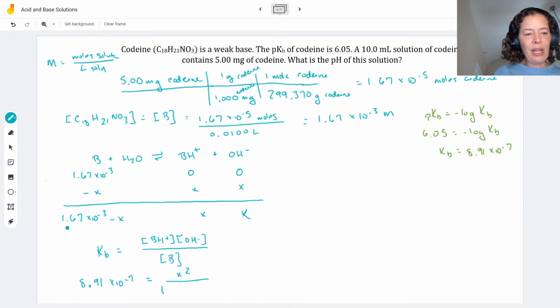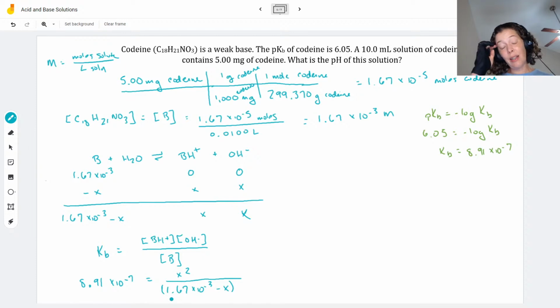And in my denominator, I have this quantity here, 1.67 times 10 to the negative third minus x. And of course, yes, I can use the quadratic to solve this, but that's a lot of algebra and I would rather not. So I'm going to check my 500 rule and see if I can drop this minus x.